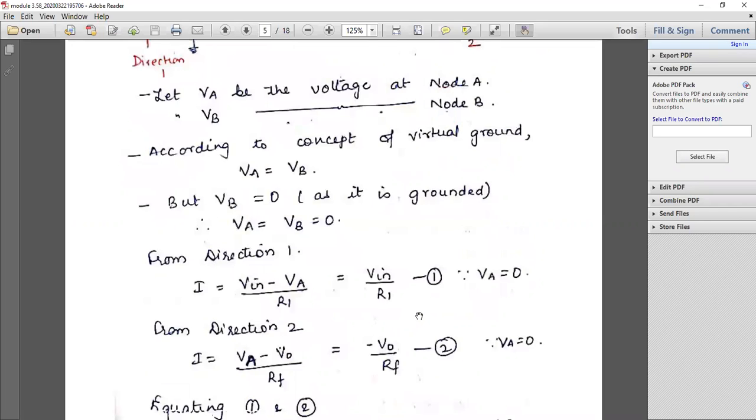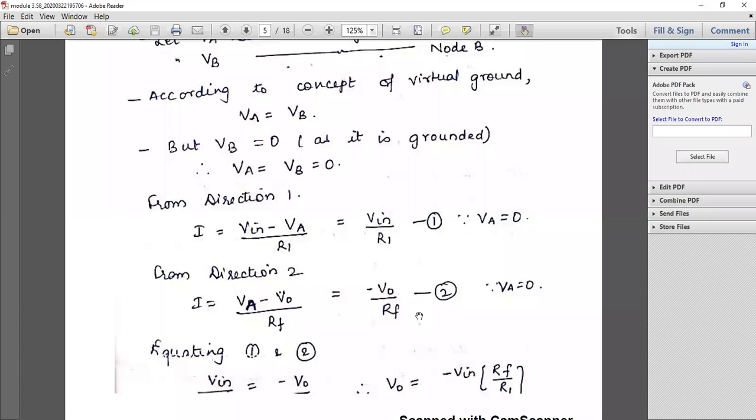Now how can we find the current? From direction 1, that is from the input side, we have the current I equal to Vin minus VA by R1.